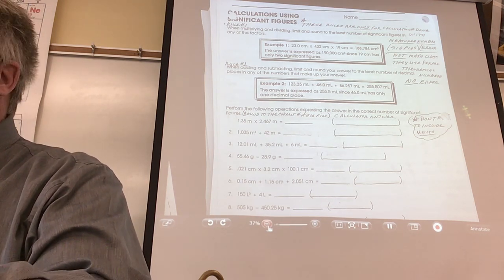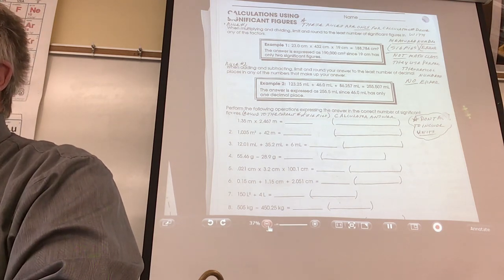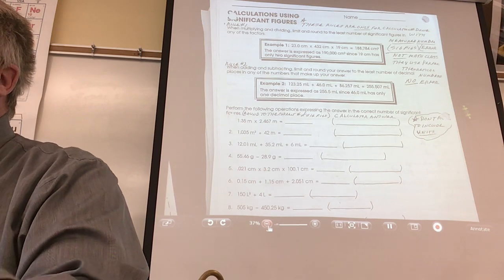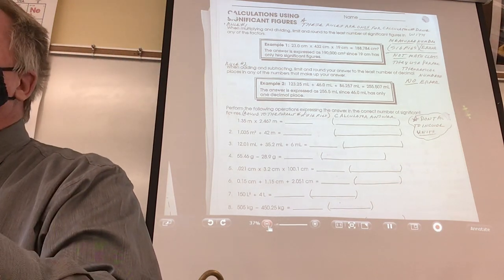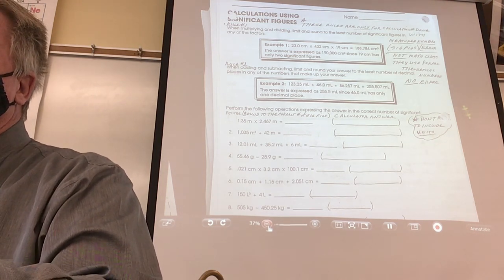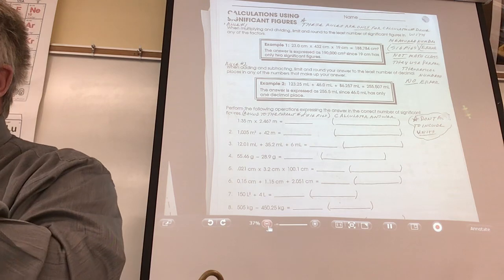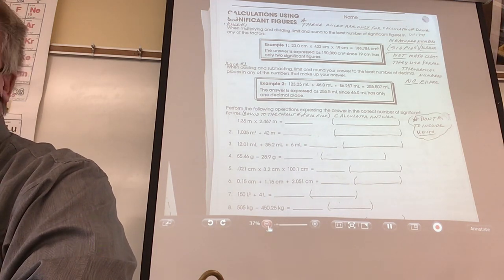So some people call, you know what statistics are? That's when they study mathematics and probability and the likelihood of something. Anyway, we use statistics for a lot of things, but when scientists and engineers use measured numbers, you're going to have a set of rules you don't have in math class.